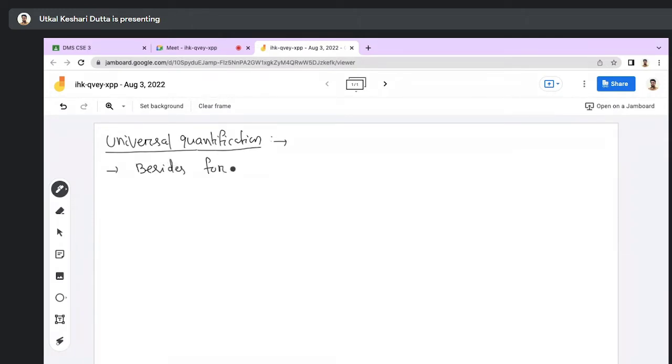Besides for all, that means we have used the word for all, that is the universal quantifier, the universal quantification can be expressed in some other ways.